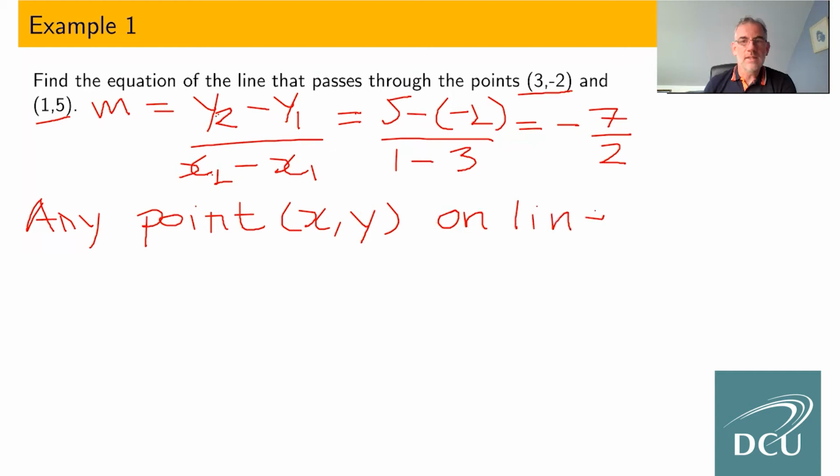If I calculate the slope, taking this to be our x2, y2, we'll get the same answer for the slope. I know that the slope is minus 7 over 2. So this will give me the equation for the line.